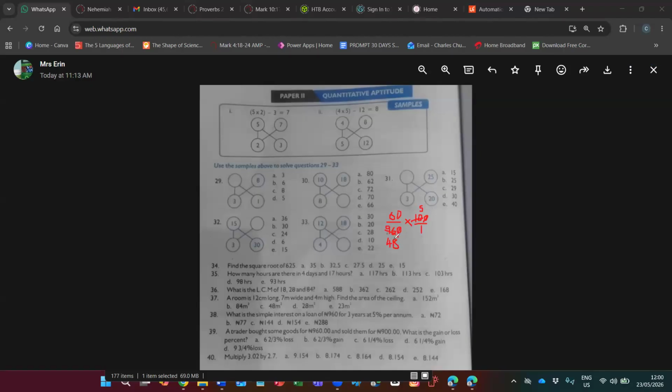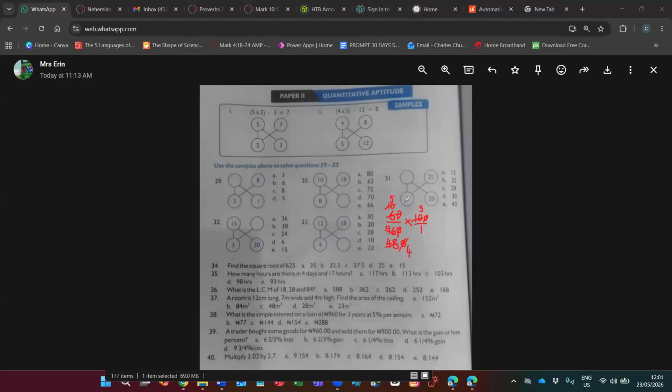Can somebody help me out? 6 in 48 is what? 8, right? Yes, sir. 6 in 60 is 10. So we now have 2 here, 4. And then 2 in 10, 5. So we're left with 5 times 5 over 4.